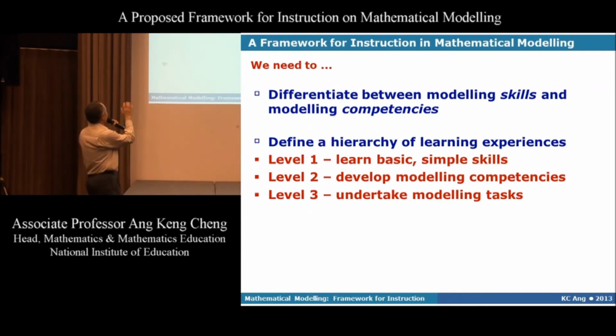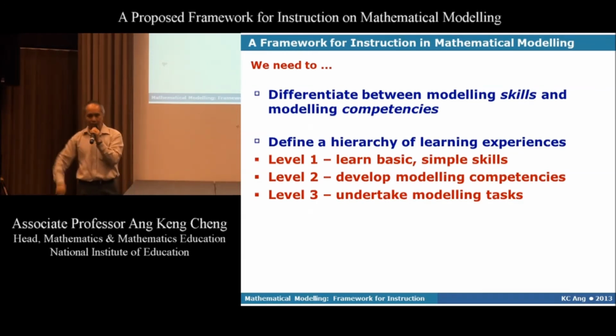So the idea behind the framework is to try to bridge those gaps, to bring students slowly from maybe a novice or really a beginner who doesn't know anything about modeling, up to a level where the students are able to at least tackle some kind of modeling task.